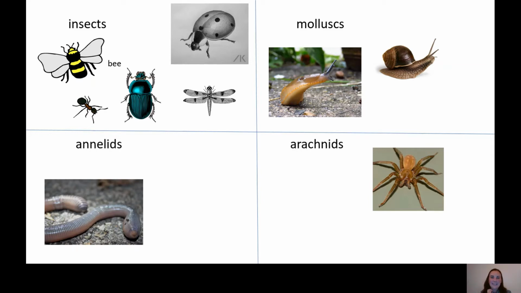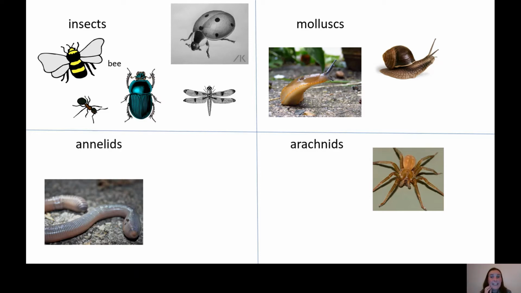Well done. How about our annelids? Again, I'm going to give you 20 seconds to see if you can remember some of the features of an annelid. Excellent, Year 2.